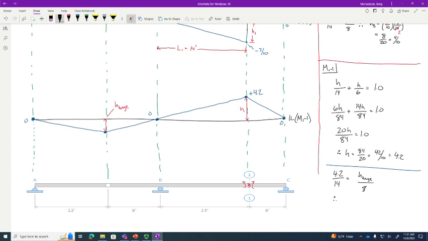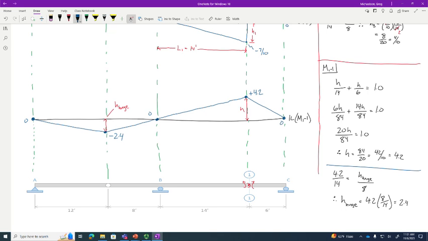So therefore, the height of the hinge is 4.2 times 8 over 14. And I think that comes out to 2.4. So that makes this negative 2.4. Okay. Any questions? All right.